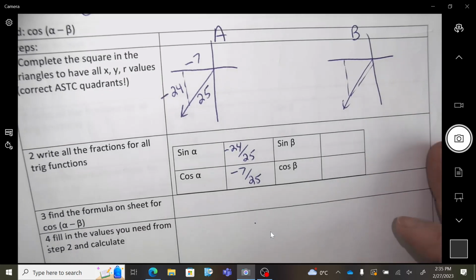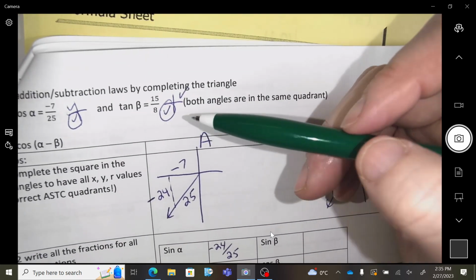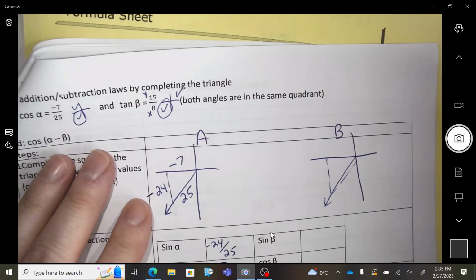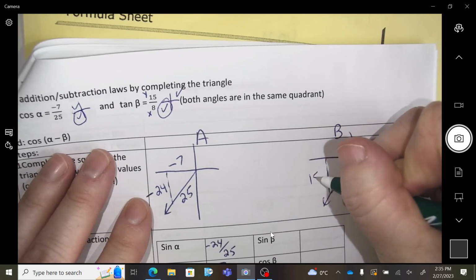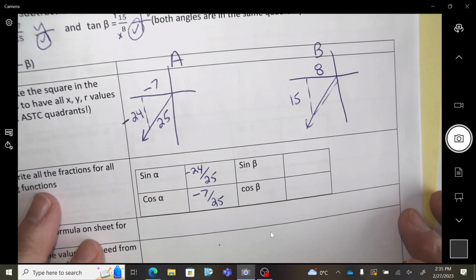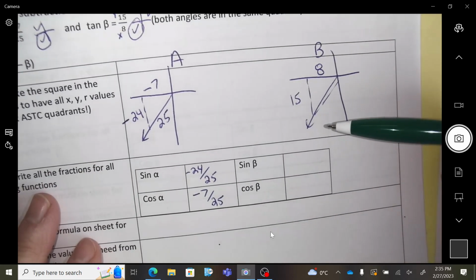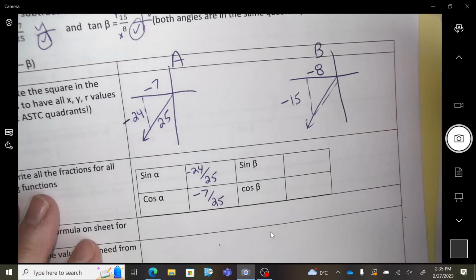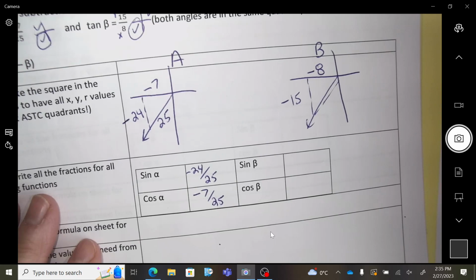Okay, B. Tan is y/x. So I need a 15 on the y and an 8 on the x. Well, that doesn't make sense. Why doesn't this make sense? They should both be negative, right?